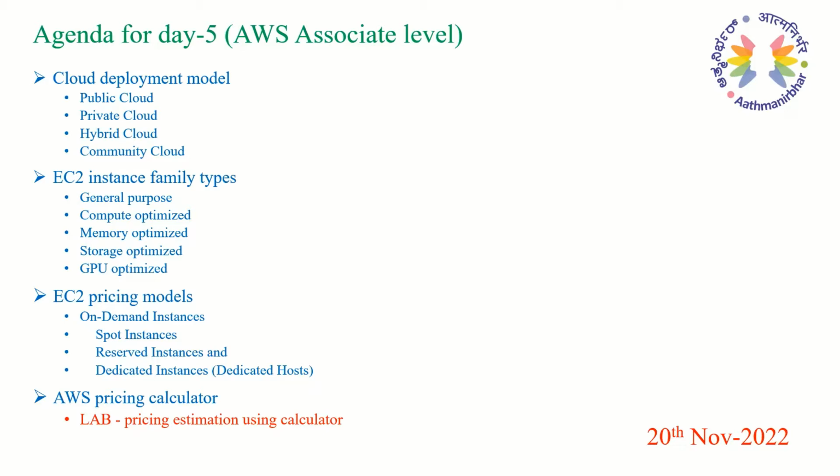A cloud deployment model indicates where the infrastructure for the deployment resides, who has control over that infrastructure, and how the cloud services are made available to the users. There are 4 cloud deployment models available: a public cloud, private cloud, community cloud, and a hybrid cloud.